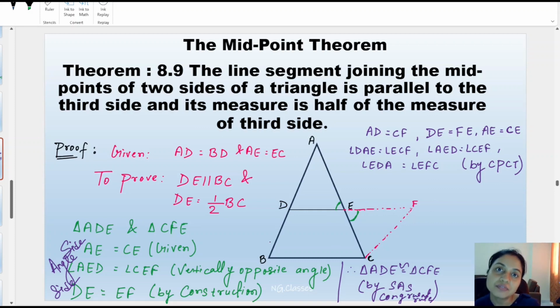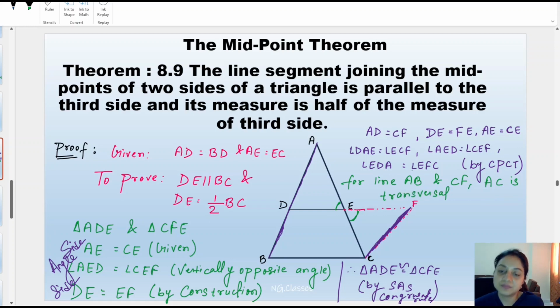Now from here, if we focus on side AB and side FC, can you see these two sides? For lines AB and CF, AC is a transversal, and we also know that angle DAE is equal to angle ECF.